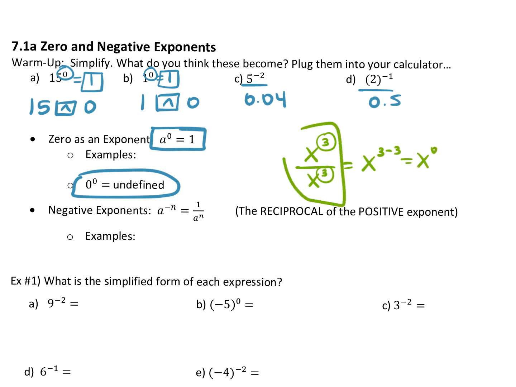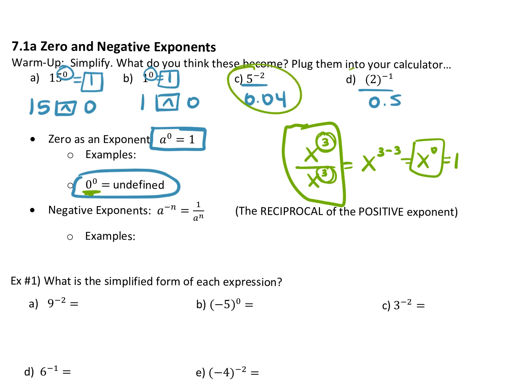But something divided by itself is always what? 1. So that property of exponents makes it so that if you take something to the 0 power, it is always 1. We haven't learned that property yet, but we'll get there. But the only one is 0 to the 0, which is technically undefined. We won't use that one.